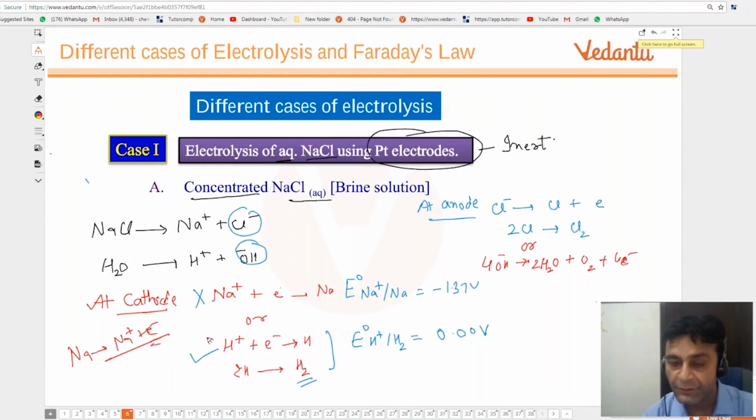Sodium is more electropositive. When you say reactivity or electropositivity, sodium is more reactive. You're right, but that is the case of losing electron, not gaining electron. Here we are discussing the gain of electron, right?